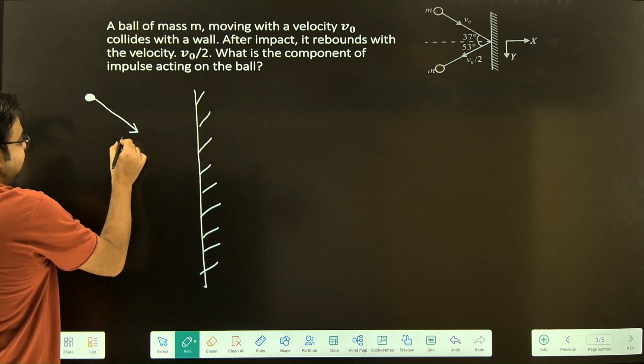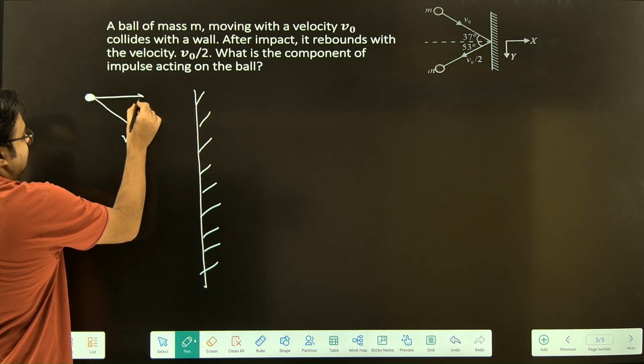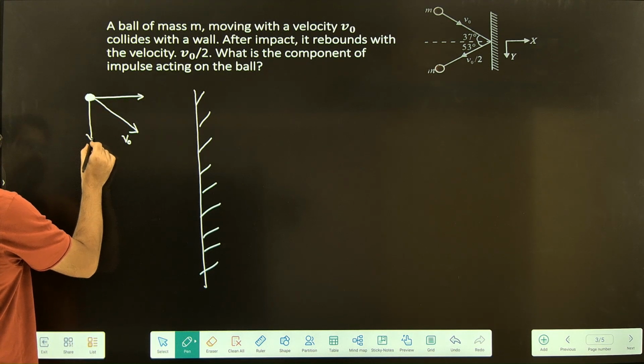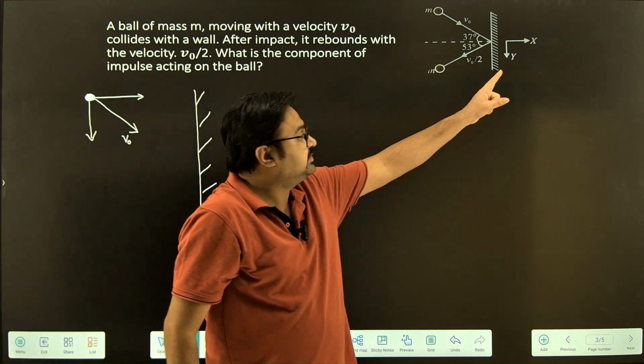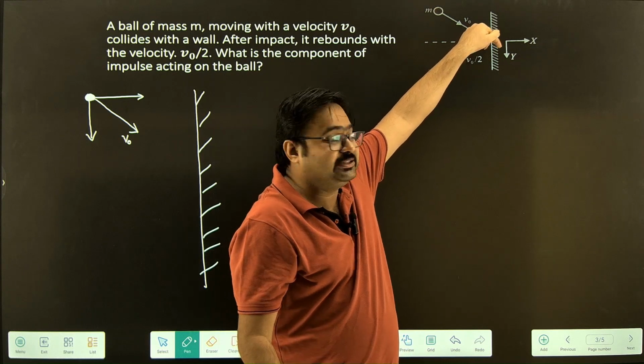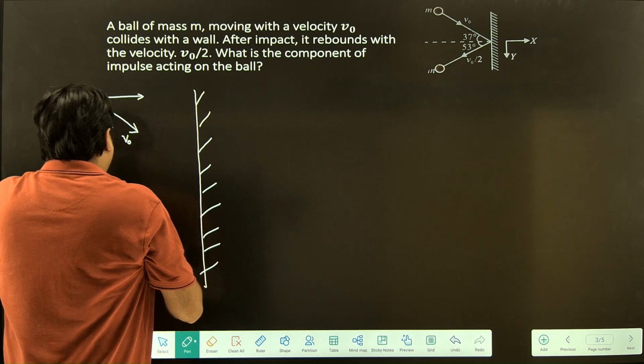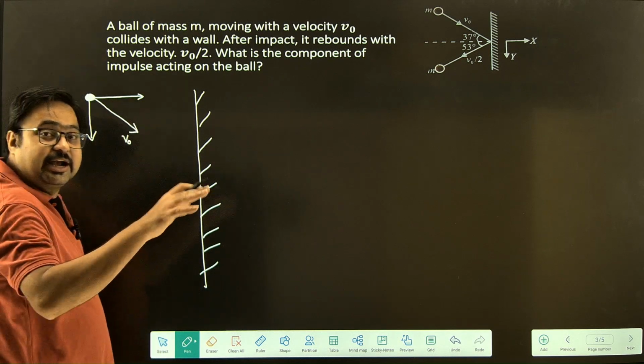The velocity is v naught, my dear friends. This velocity can be resolved along the x and y axis. The question says that the x axis is towards right and y axis, the positive y for this question, is in the downward direction. So both of these velocities are now positive.